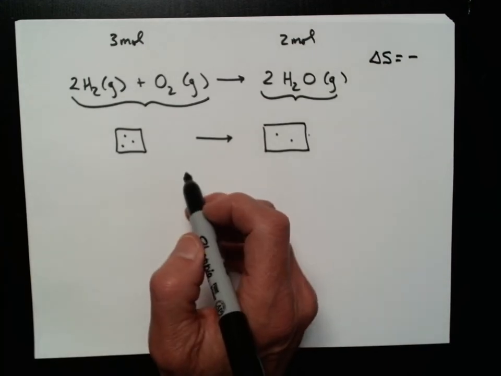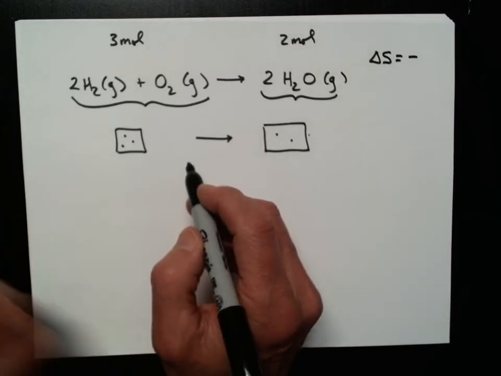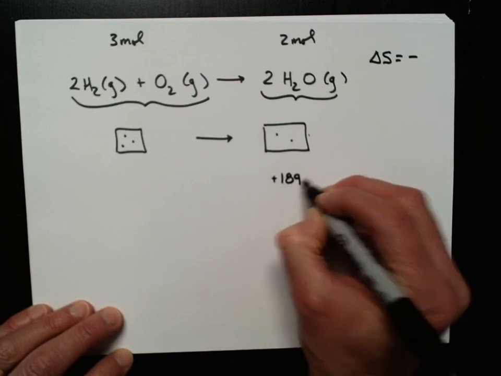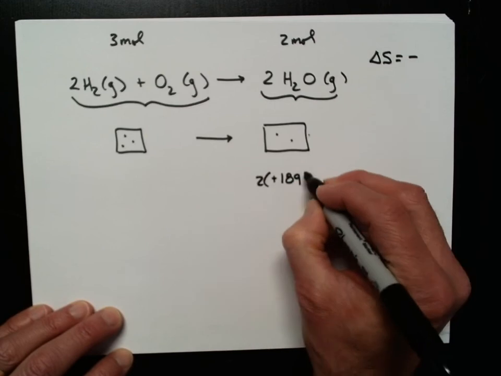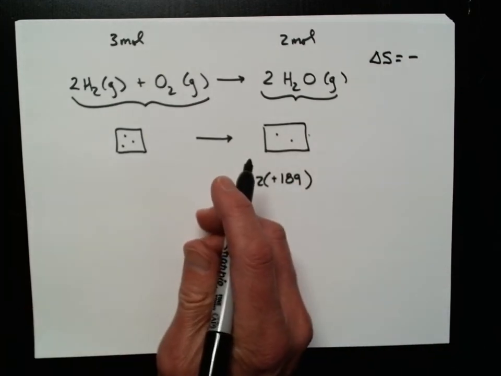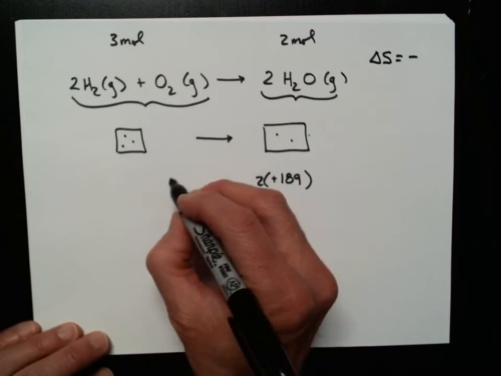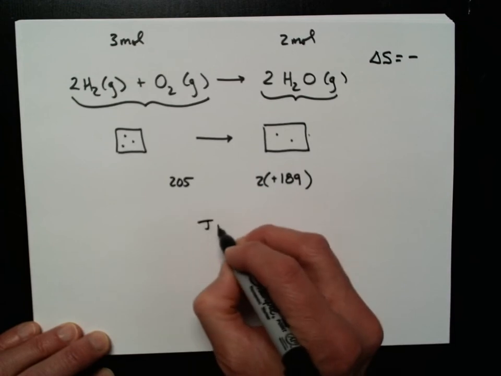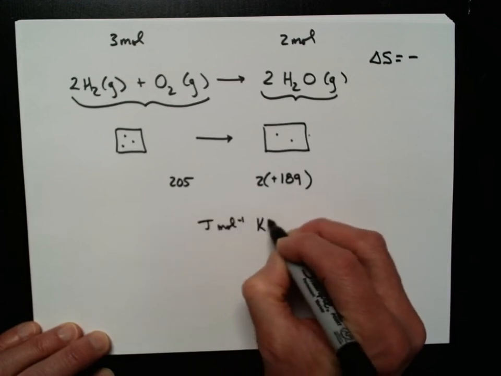So I'm going to look up the standard entropy for gaseous water, and it's about positive. They're all positive for entropy, 189 times 2 of them. And then for oxygen gas, it looks like it's 205. Again, these are all units of joules per mole per Kelvin.